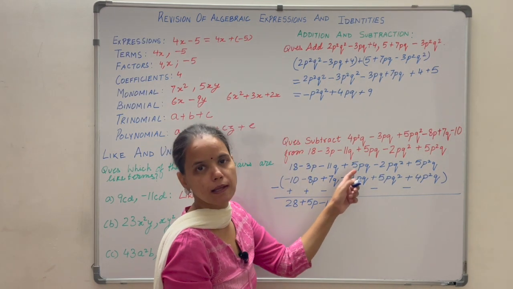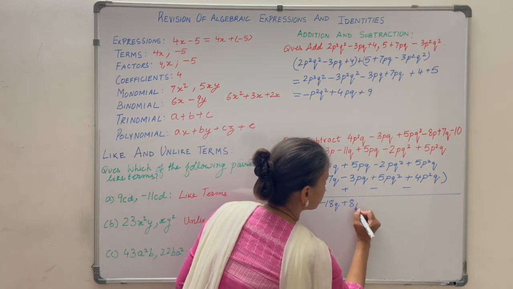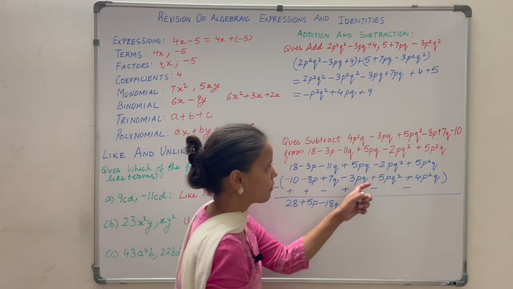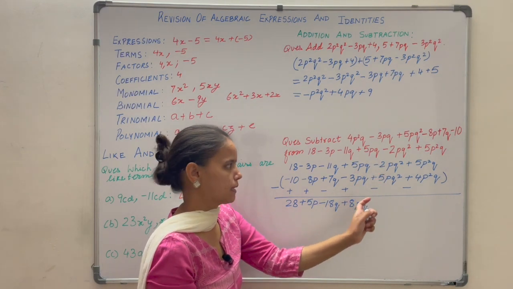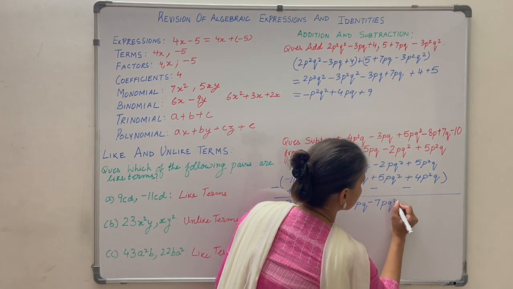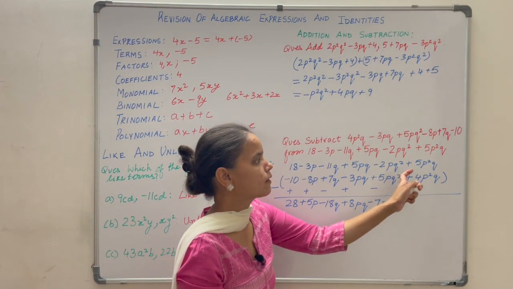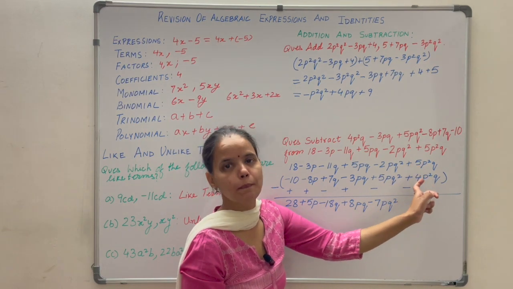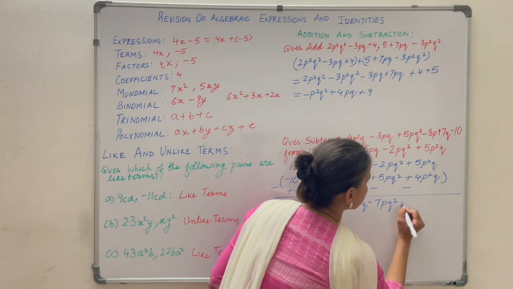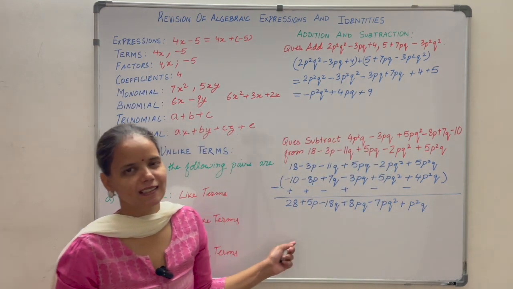Plus 3 plus 5 is plus 8. So plus 8pq. Minus 5 minus 2 is minus 7. So this is minus 7pq square. Minus 4 plus 5 is 1. So this is p square q. Plus p square q. So this is the answer.